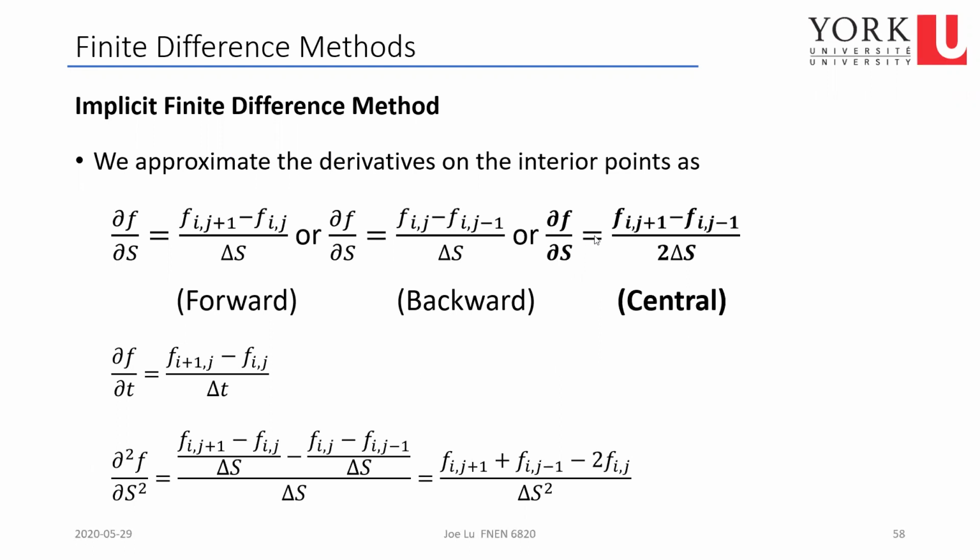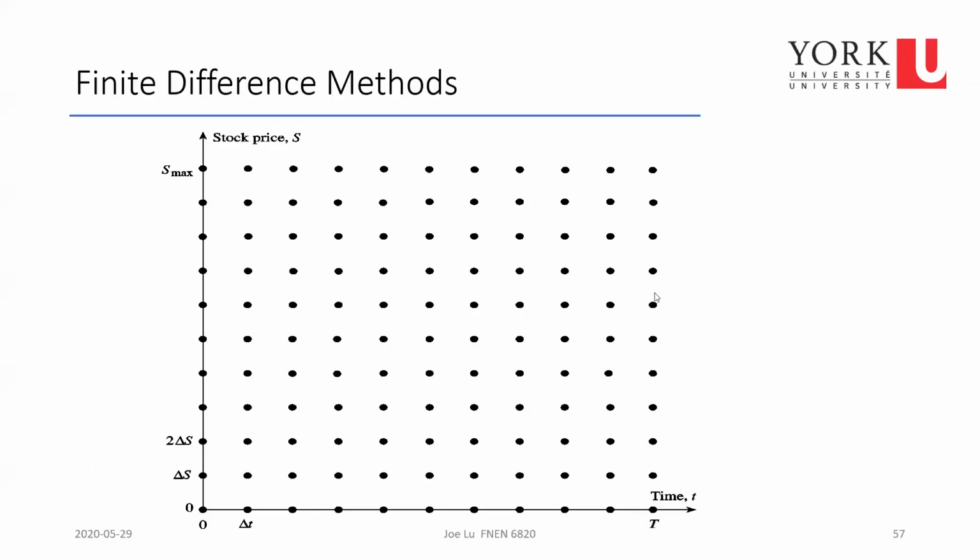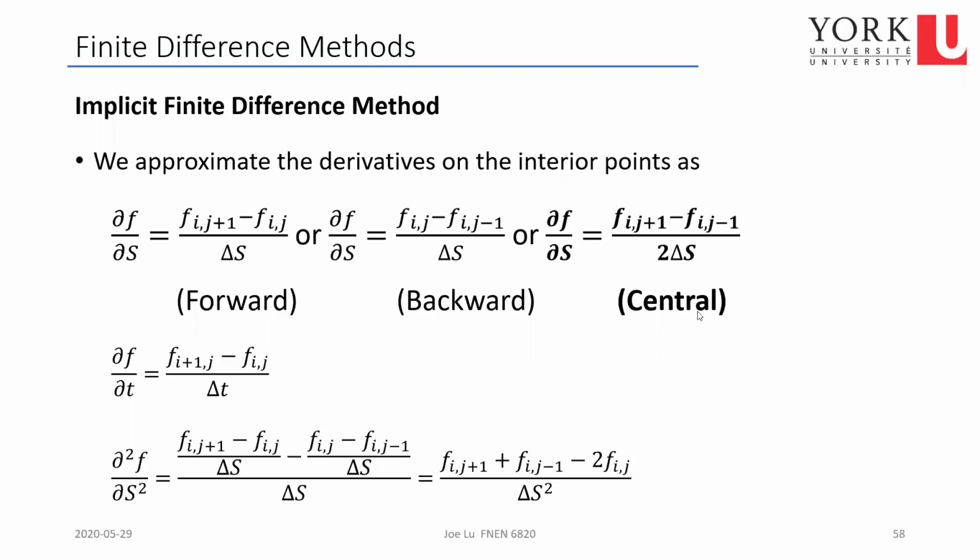But typically people will use the central one, where you pick a point here and try to get the partial derivative at this point, and that partial derivative is basically the f at this point minus the f at this point, divided by 2 delta S, to get you the partial derivative value at this point. It's called a central way.